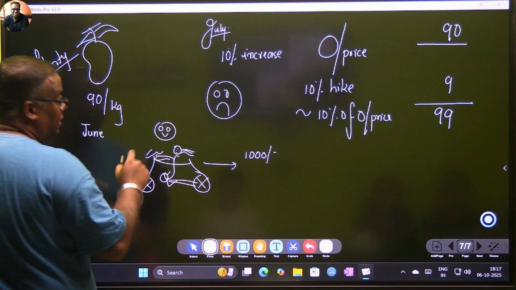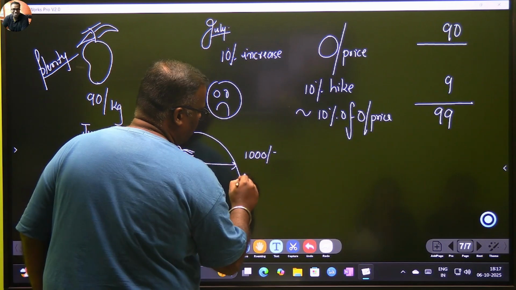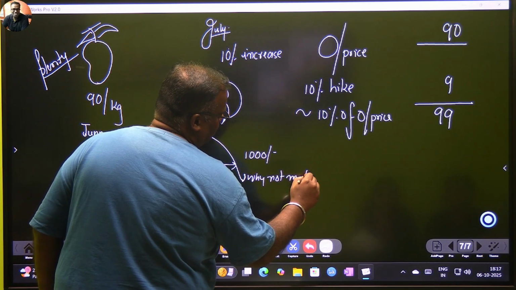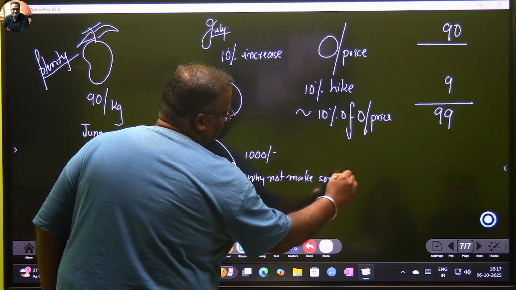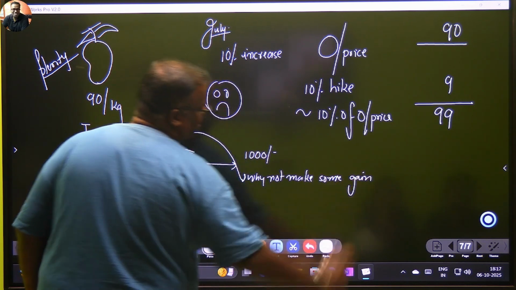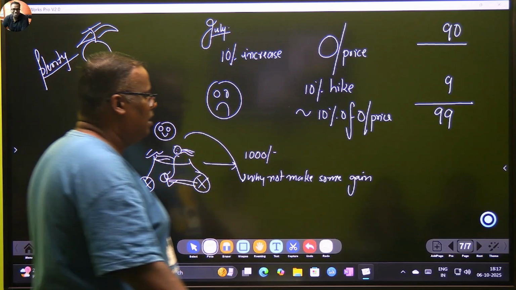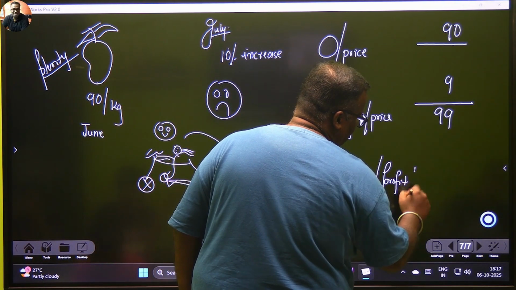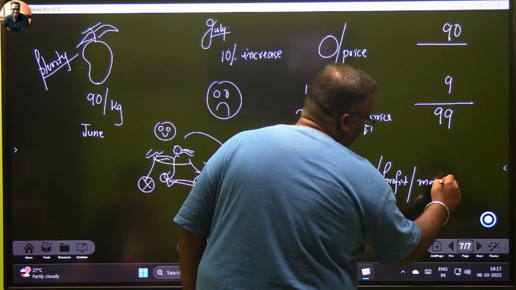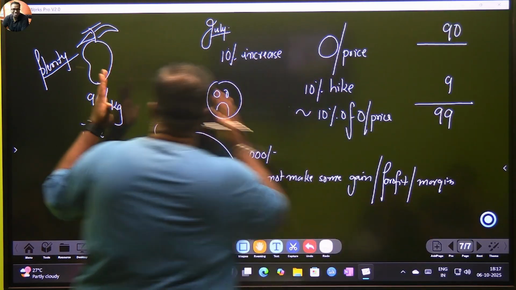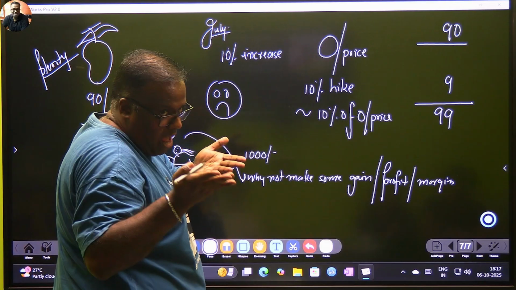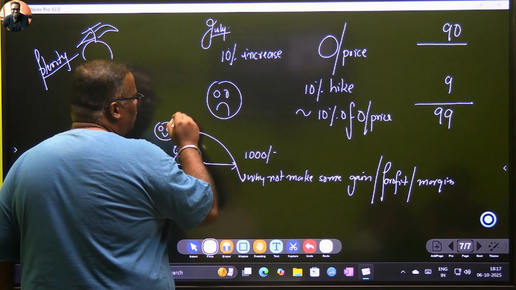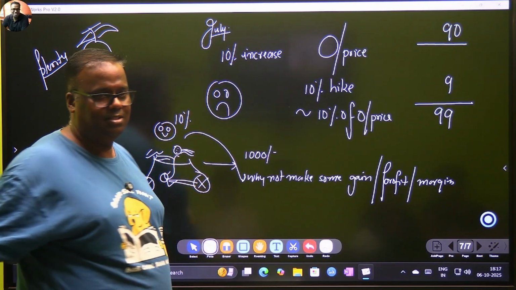She's thinking, 1,000 I bought, why not make some gain? Gains, another word is profit. Profits, another term is margin. I'm keeping the margin extra. So she decides, I want to go for a 10% margin.